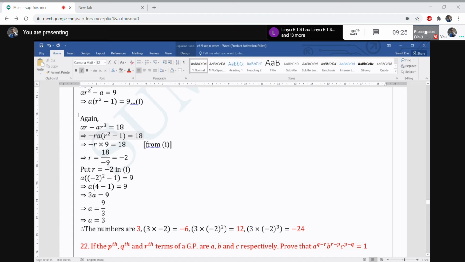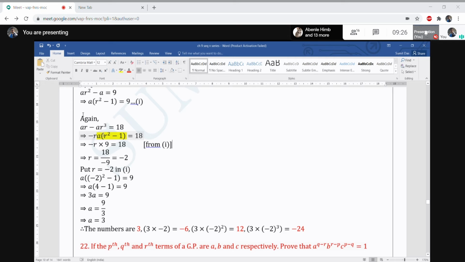Minus common means ar cube will be in front and ar will be here, right? Now I took r common, so here it will be r square minus 1, and a also common, basically ar common, so it will be r square minus 1, right?